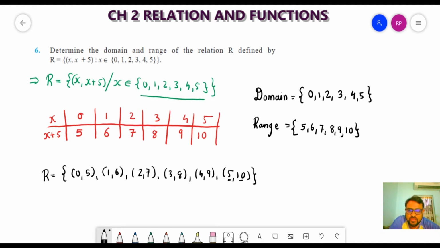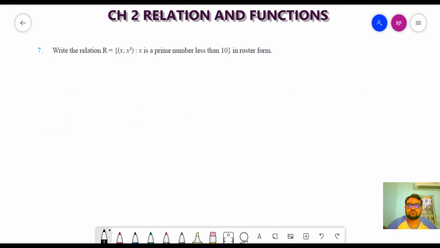Now let's move to the next question, that is question number 7. Question number 7. It is given that write the relation R. So let me write it down.